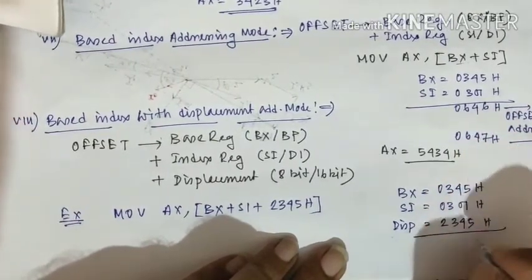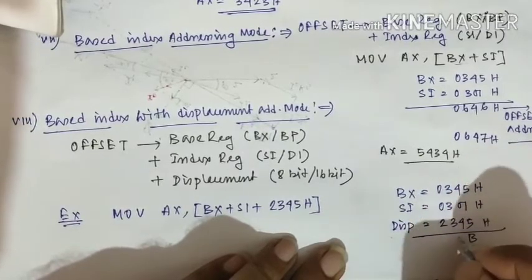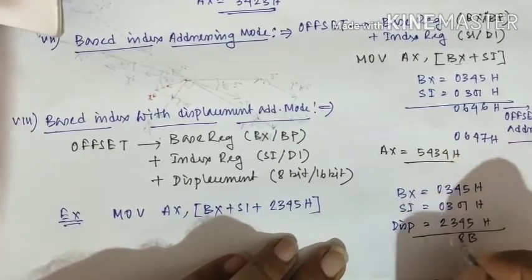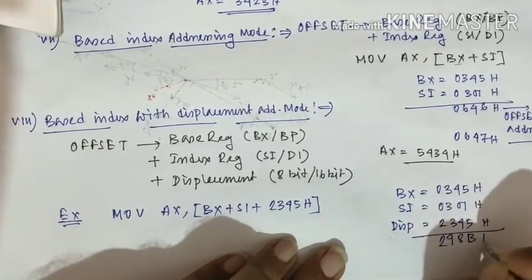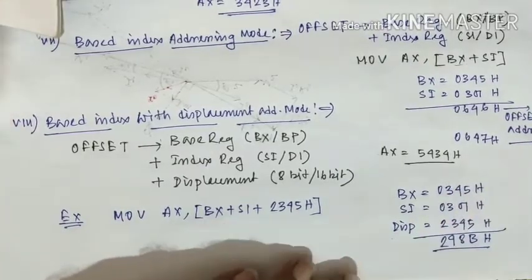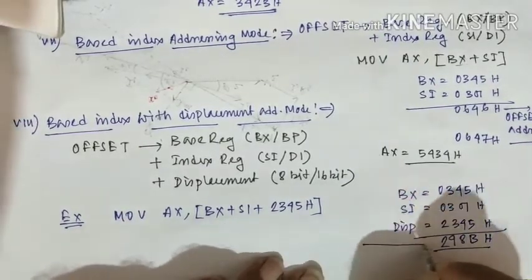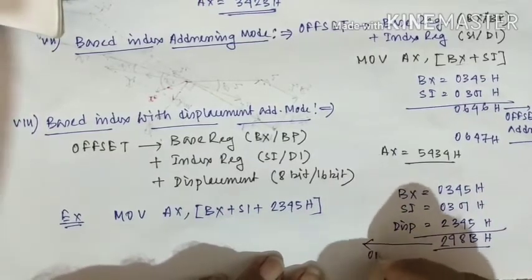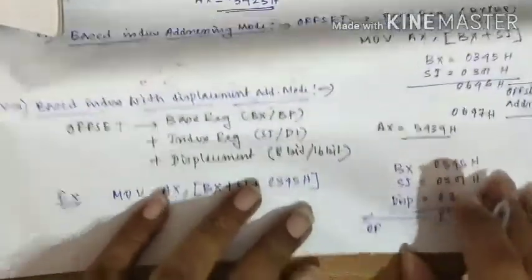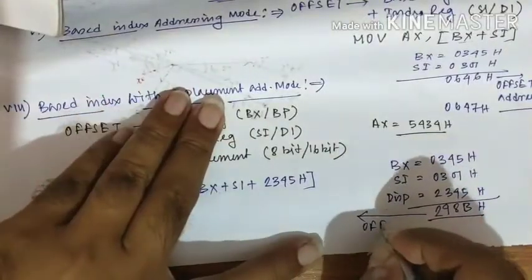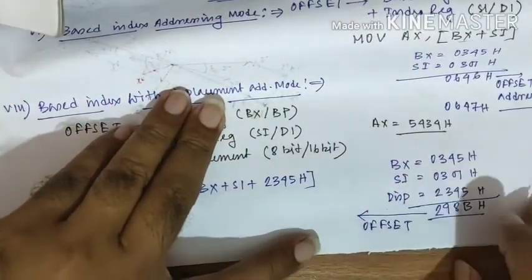So 5 plus 5 plus 1 is equal to B, 4 plus 4 is 8, and the result is 3339. So that is the value. This will be treated as the offset address.